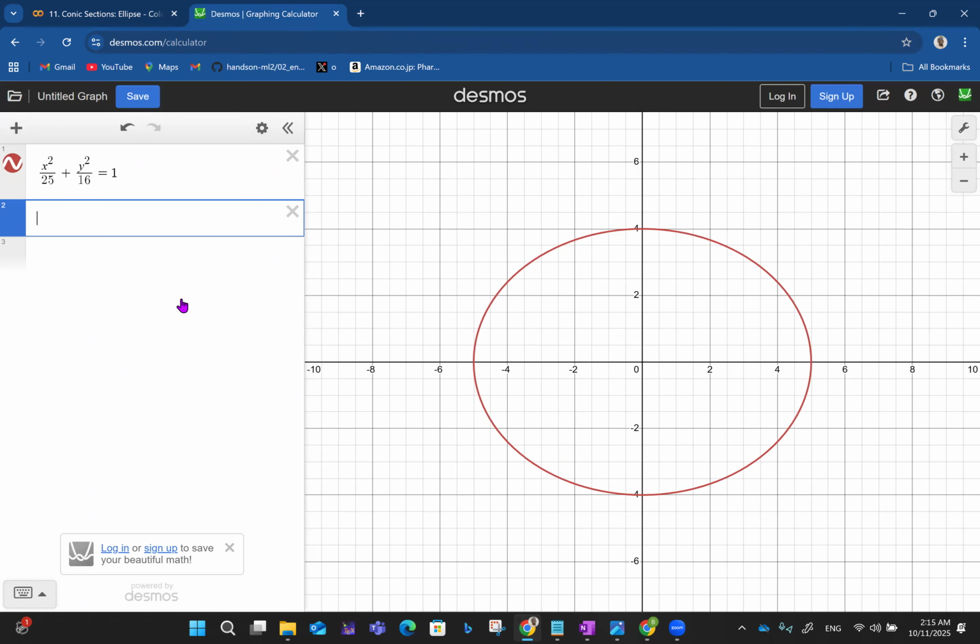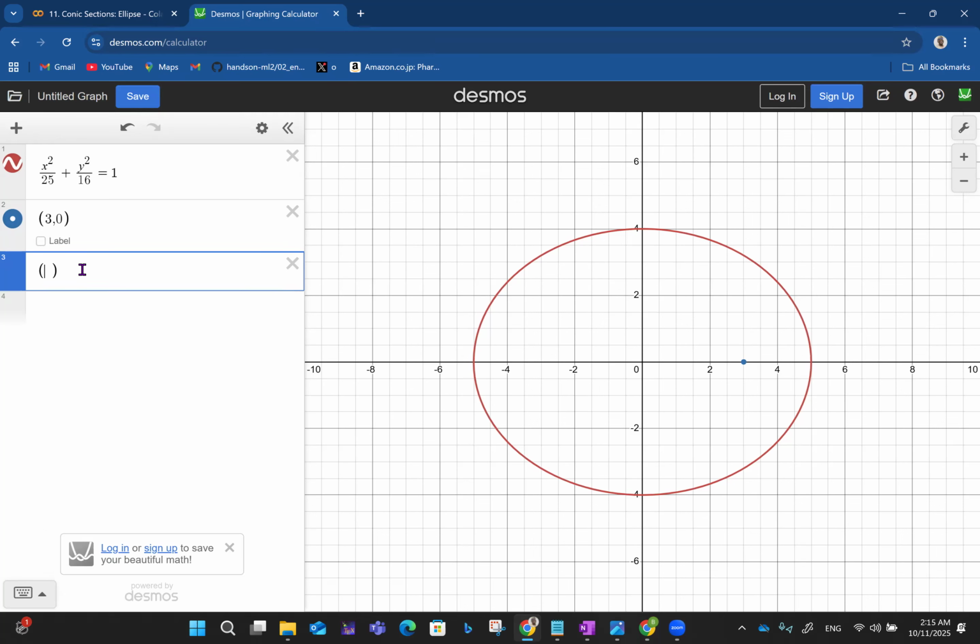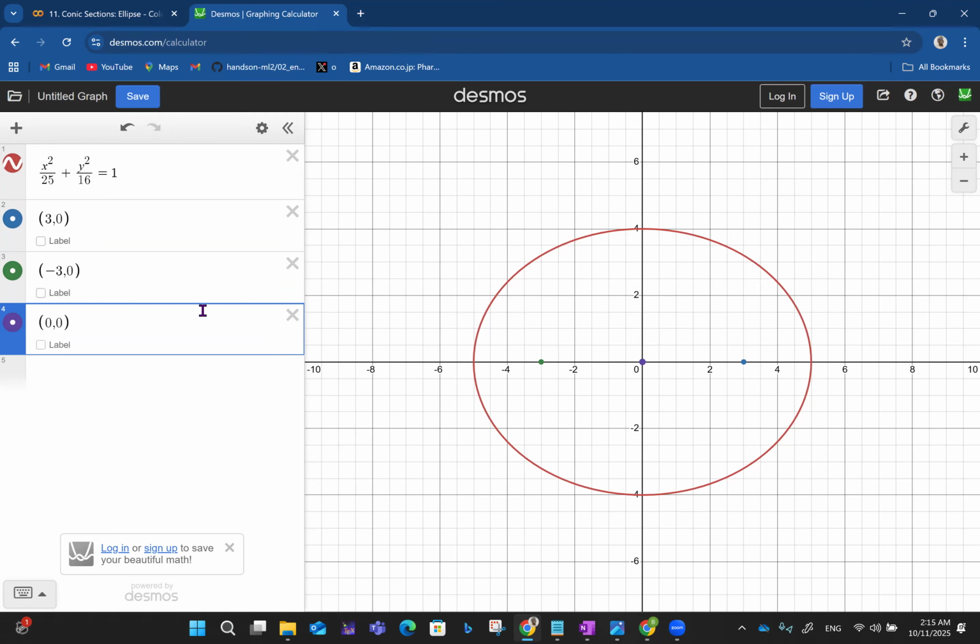So we have 3, comma 0, and also minus 3, comma 0. These are the foci. Of course, you already know the center is at the origin. The center doesn't have to be at the origin, by the way. So that's the center at the origin right there.